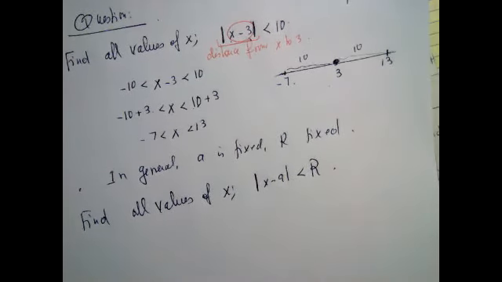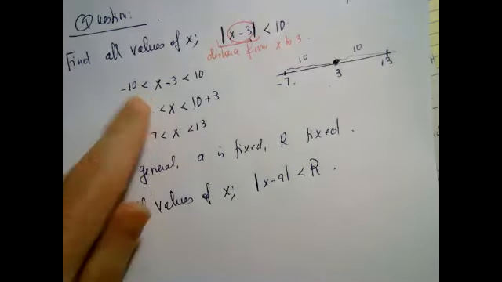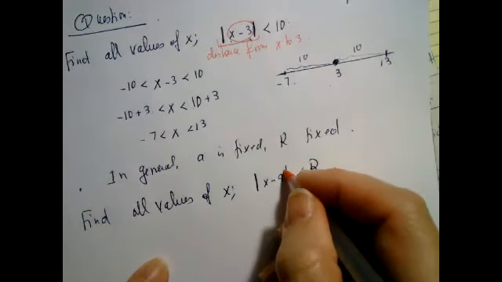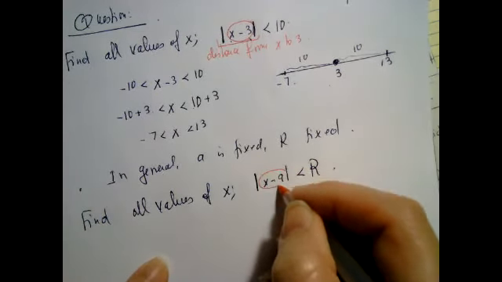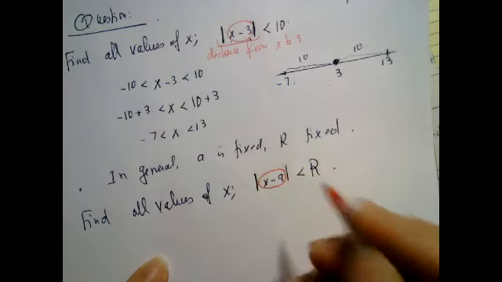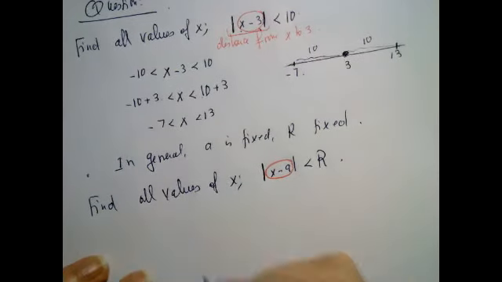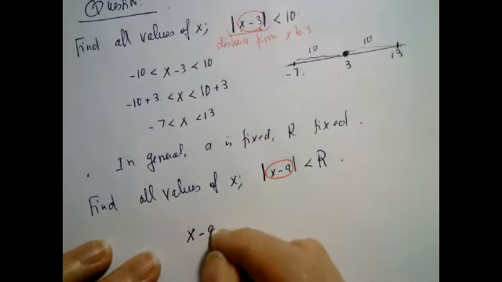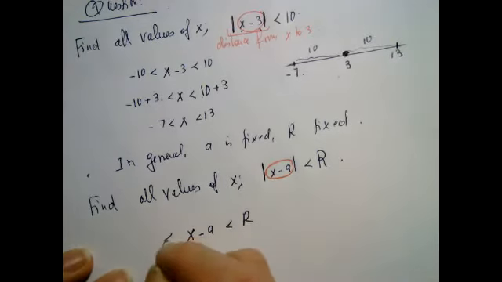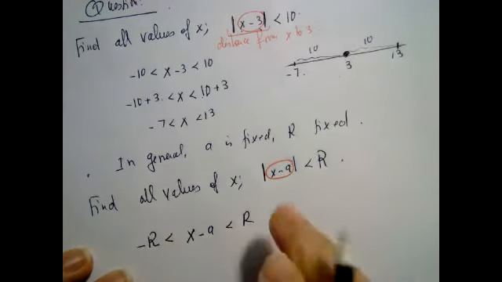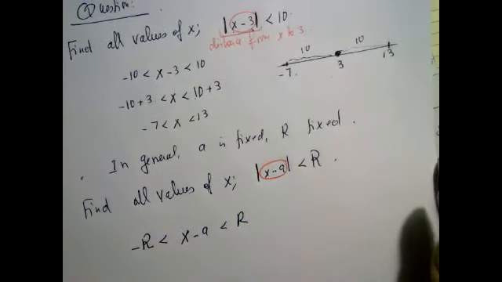What are those x's? All right, I'm going to repeat the algebra and the geometry. If this is less than R, it means x minus A is between R and minus R. The maximum value is R, the minimum value is minus R. So where is my x?